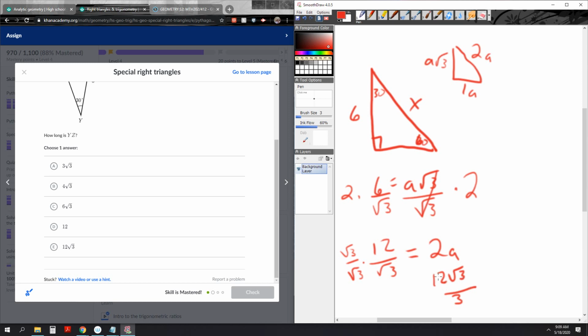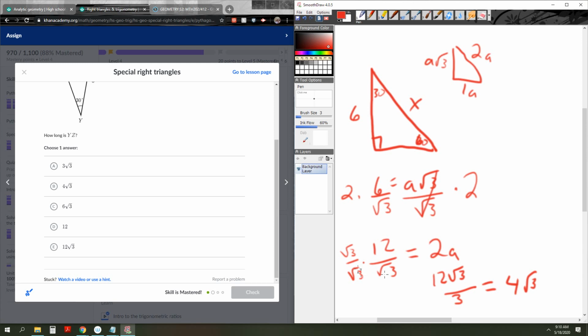I can cancel out this 3 and part of the 12. 12 divided by 3 is 4. I get 4 square root 3. And again, all I'm doing is trying to change a root 3 into 2a. The only way I know how to do that is to divide a root 3 by root 3 to get a all by itself, and then times it by 2, and then I'll have 2a.